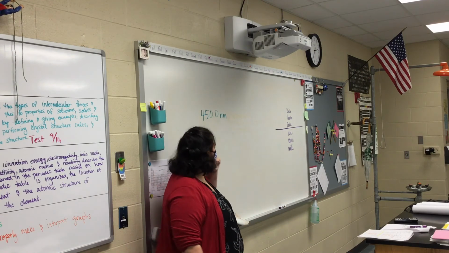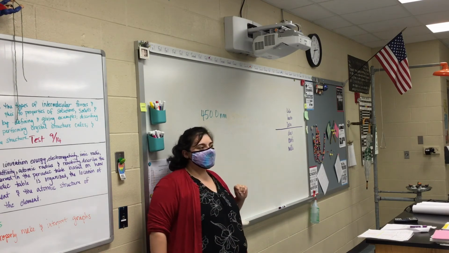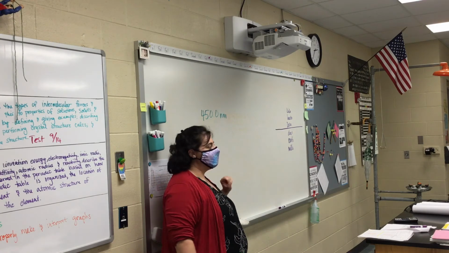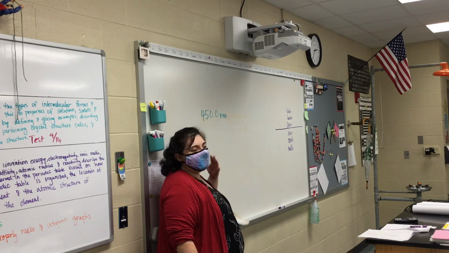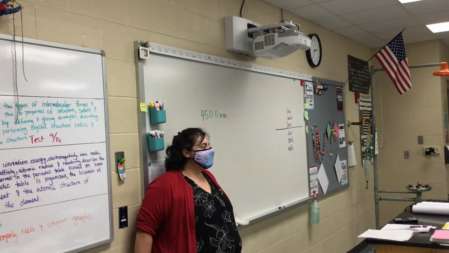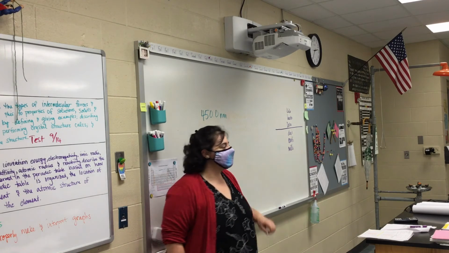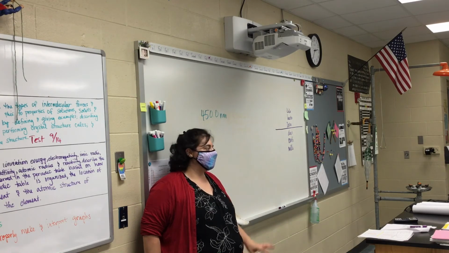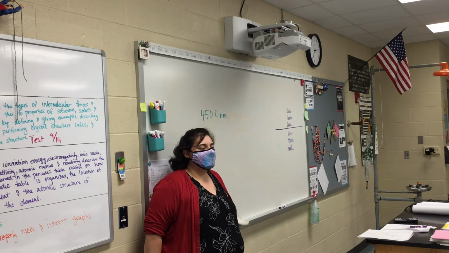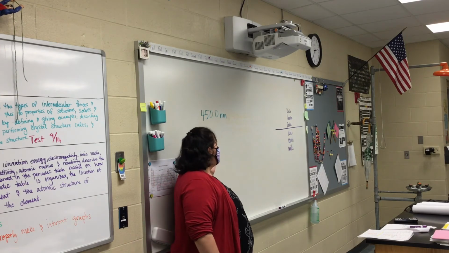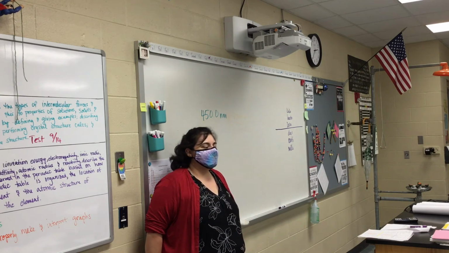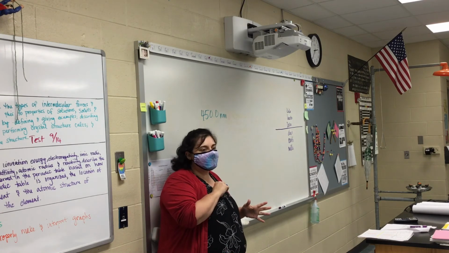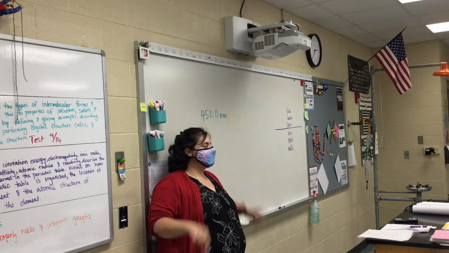Some of the problems that I give you in the packet or in those papers to do, the wavelengths aren't measured in meters, and you have to have your wavelengths in meters because the speed of light is in meters per second, and not everything will cancel out properly if you don't put it in the proper unit. So I have 450.0 nanometers written on the board, and we have to figure out how to get that converted into meters so that you can actually solve the problem.